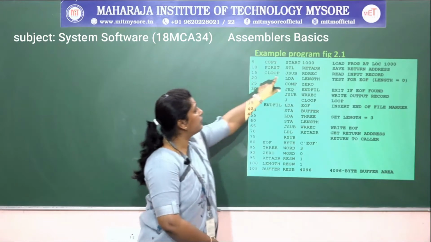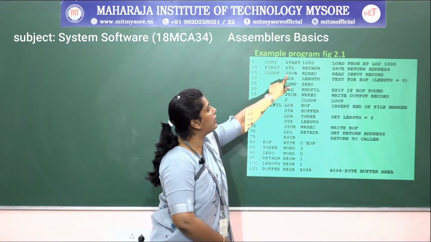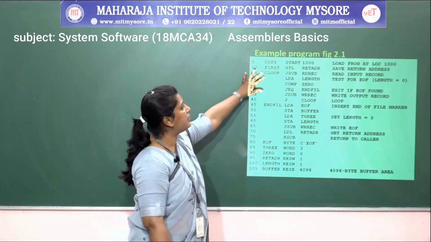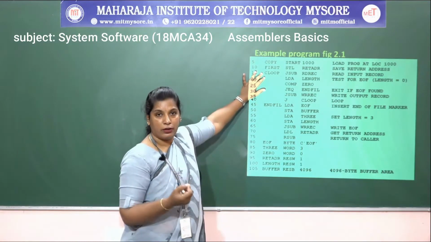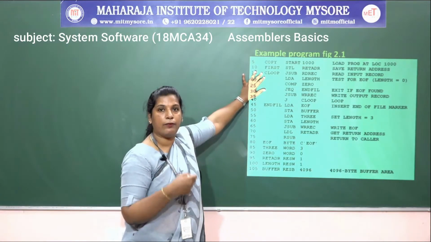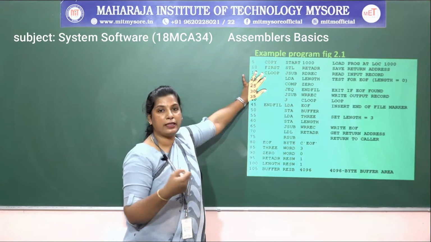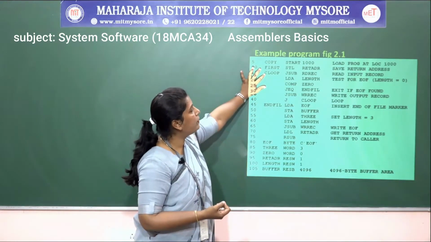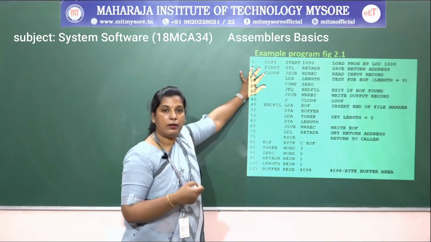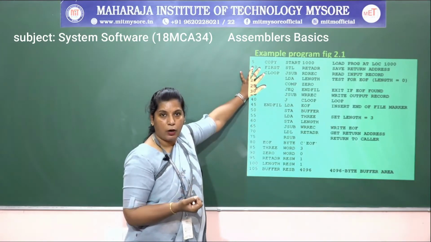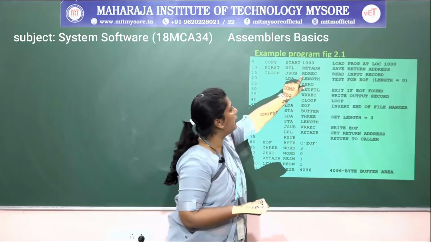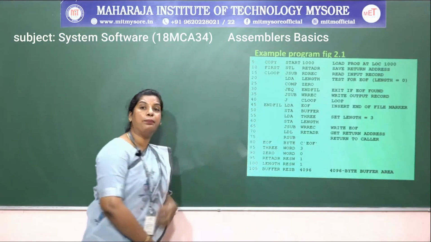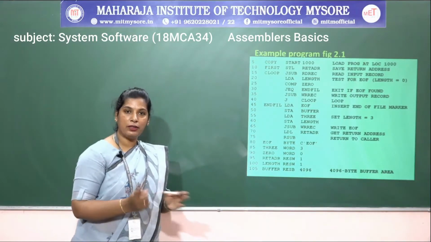After that, in the third line, there is JSUB. The C loop is started for jumping to the subroutine, taking the file and displaying it. This is the copy loop for reading a file and writing it onto the output screen. So JSUB read rec means jump to the subroutine read rec.